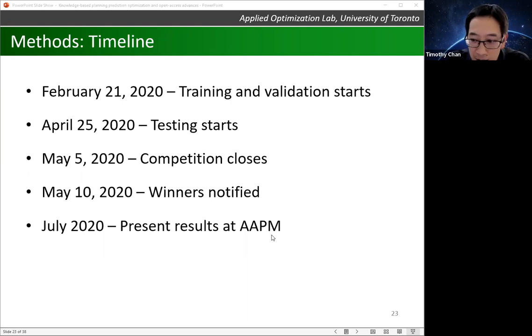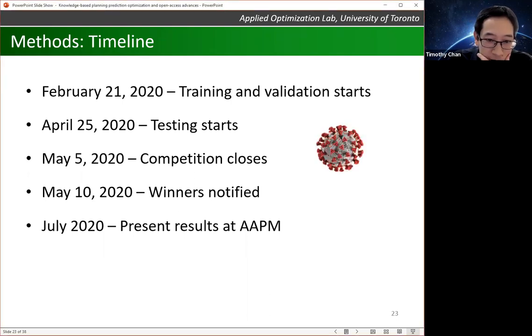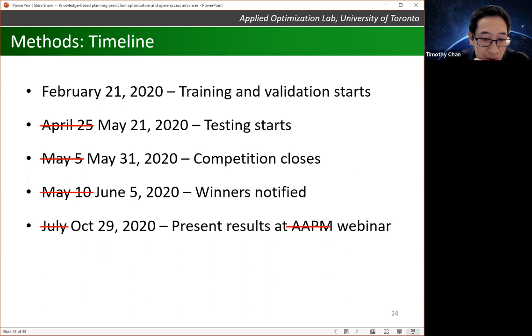If you notice the dates, you know that something happened that disrupted those plans, right? So COVID happened right around this time. And so all of these dates got pushed, but surprisingly, when we look in retrospect, the dates did not get pushed by that much. Everyone adapted pretty well, and people continued on with the competition after obviously an initial period of massive disruption.